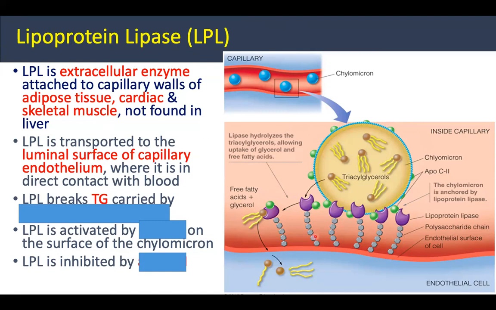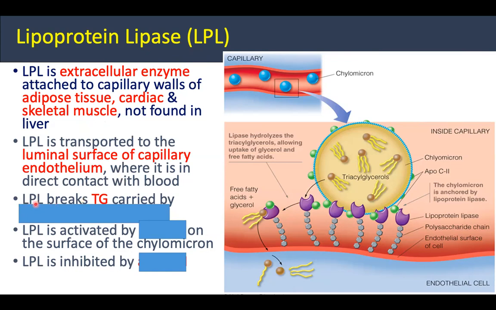But it can be found in the blood vessel itself, which I think is pretty interesting. It says not found in the liver over here. That's because the liver has its own enzyme called hepatic lipase, which will break down the triglycerides. So the LPL is found pretty much anywhere else but the liver. It can also be found on the blood vessel walls. And lipoprotein lipase needs ApoC2. That is the cofactor for it.